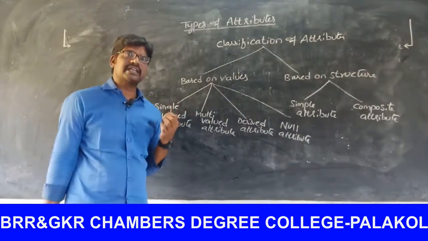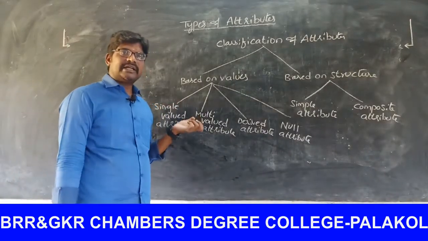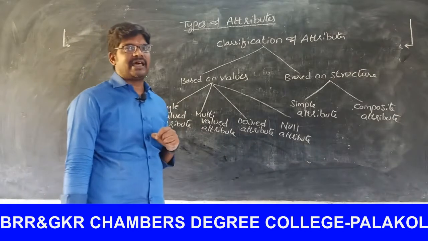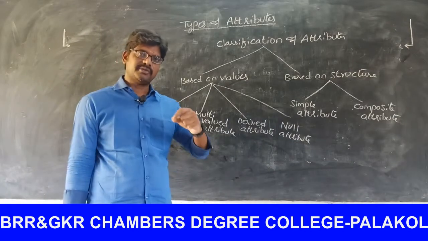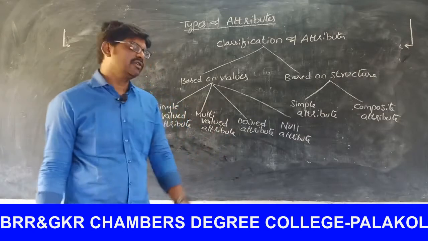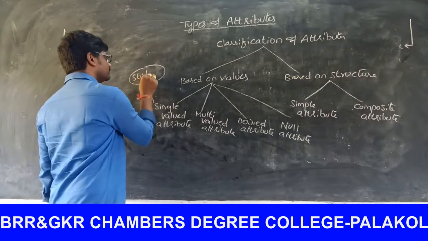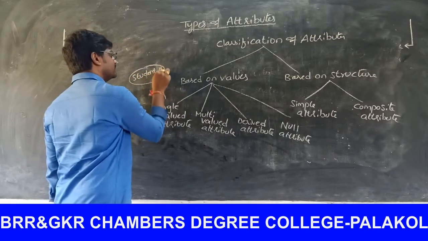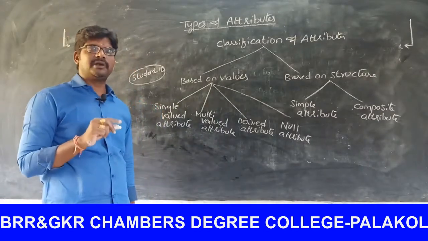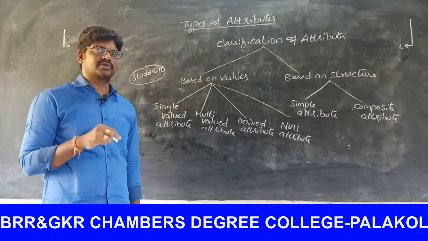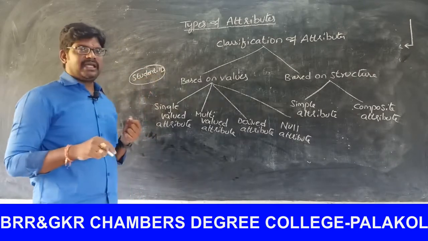What is a single valued attribute? The attribute that contains only a single value, we call it a single valued attribute. For example, student ID. Every student has only one ID. No multiple IDs are allowed in a college or school, so only one ID can be allowed here.